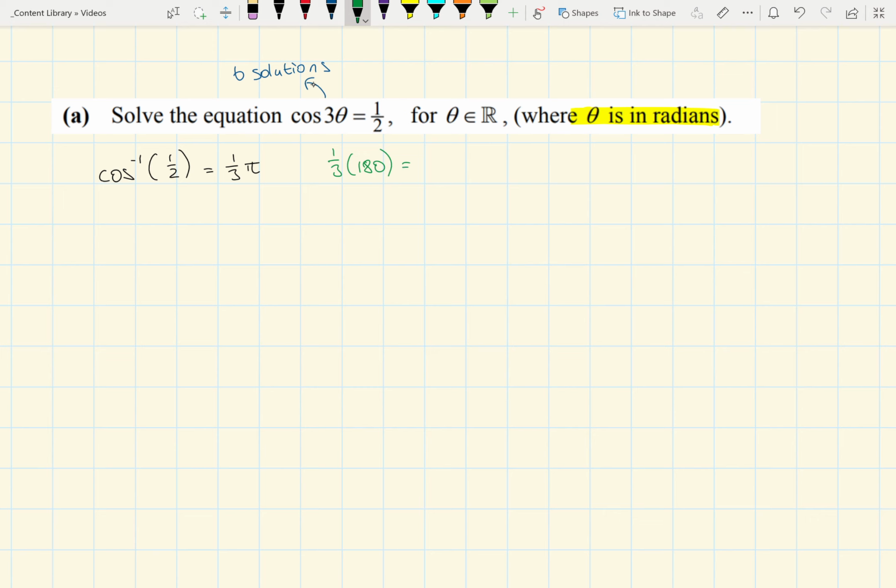So a third of 180 will give us 60 degrees, so that tells us we should be in our first quadrant. So quick sketch, we have cast, and our answer here is positive. We're dealing with cos, so cos is going to be positive in Q1 and Q4.